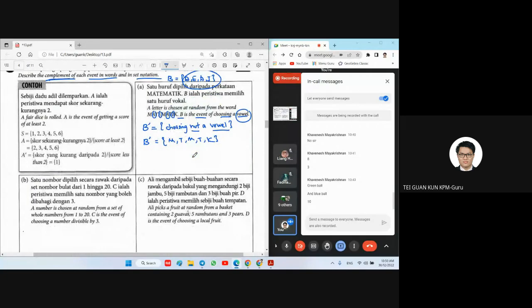Okay, kita try lagi. B. A number is chosen at random from a set of whole numbers from 1 to 10. C is the event of choosing a number divisible by 3. So, C ialah event choose numbers divisible by 3. So, dia punya complement apa?